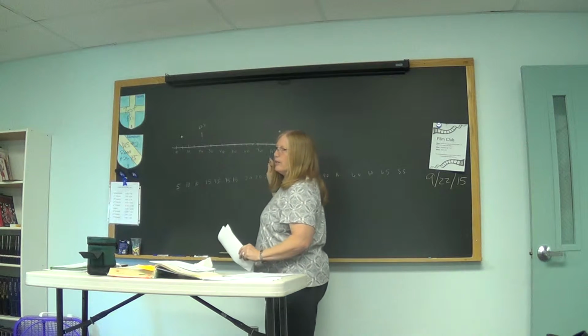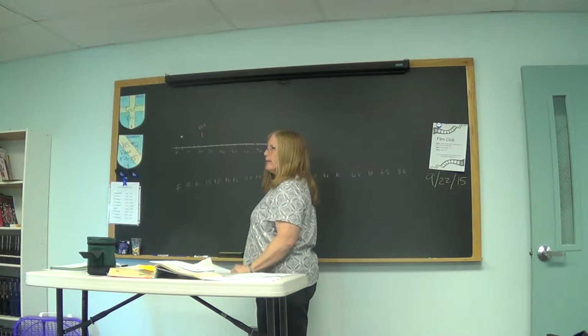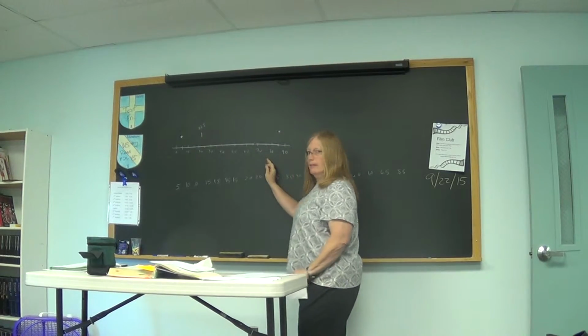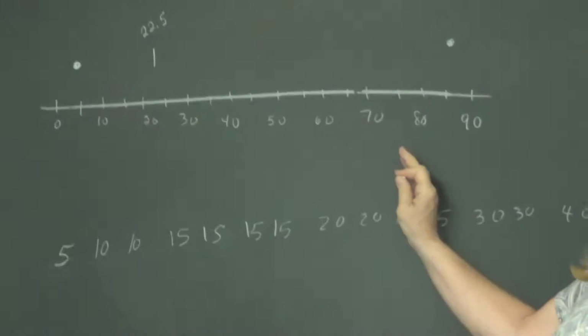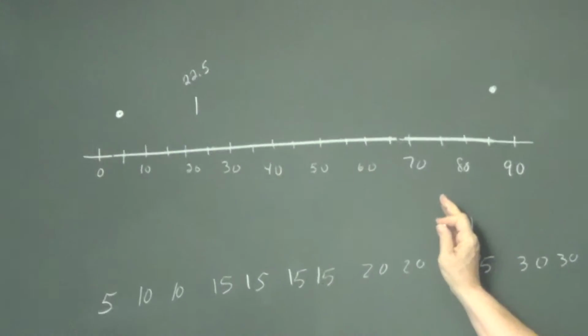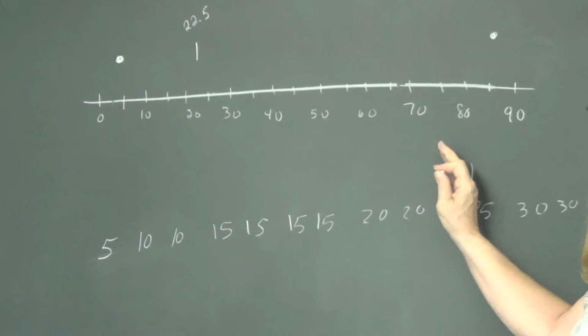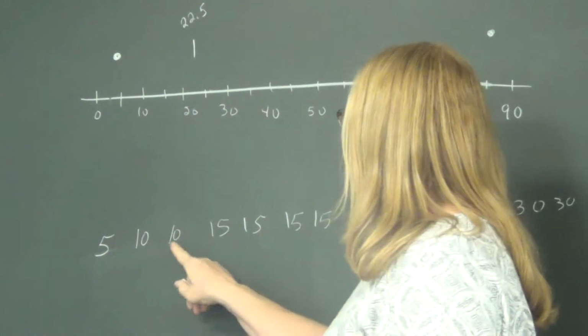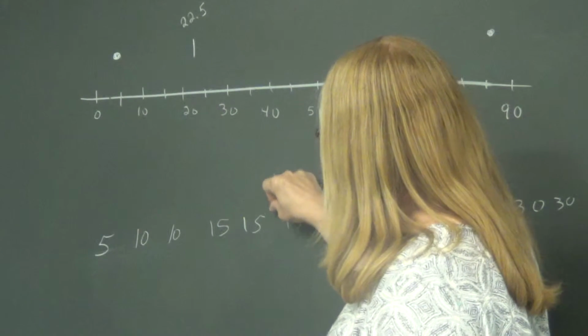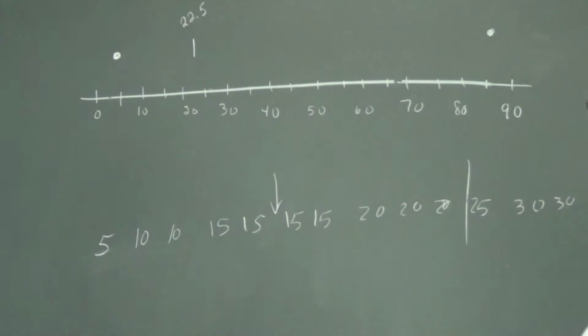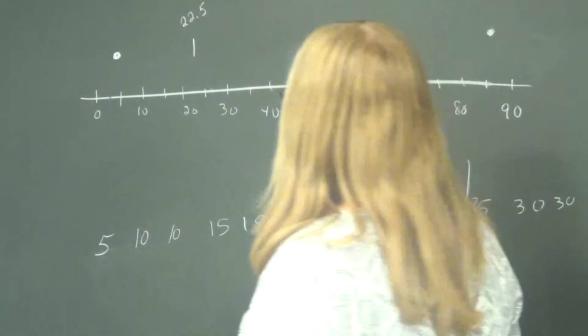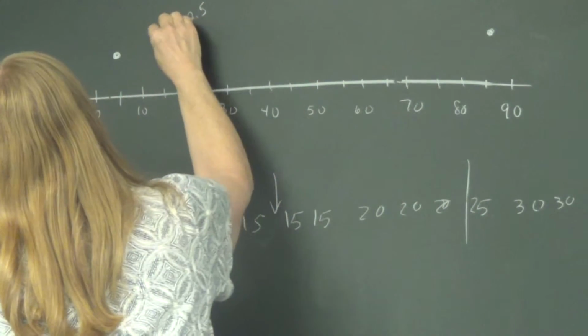So between what two do I look for the median? Between the 5th and the 6th. Between 15 and 15. So we get 15 for the first quartile.